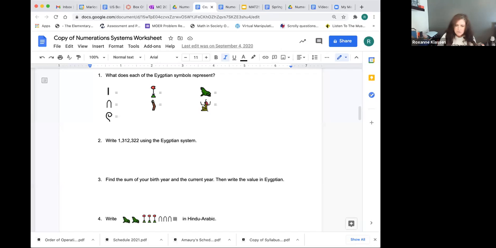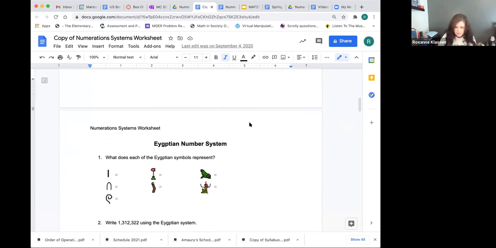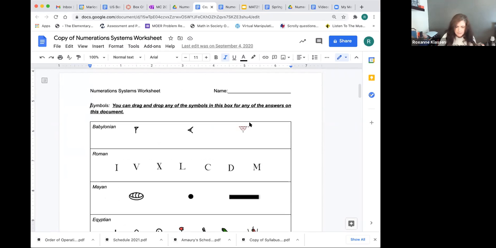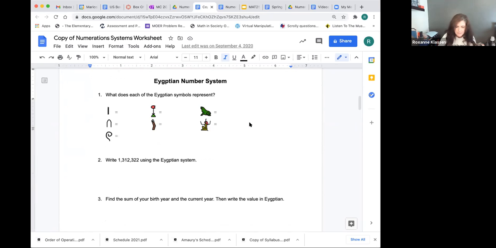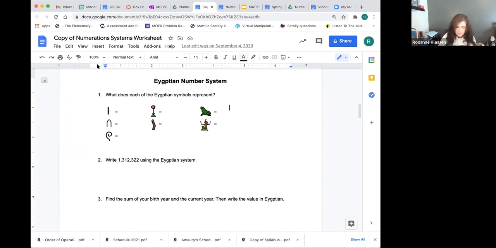Okay, so I'm going to share my copy of my doc. Can you see it? I'm on page, I don't know, 3. Page 2 at the top says, what does each of the symbols represent? On your own copy, you should be able to handwrite in or whatever. I don't know why it's not letting me do anything, but we're good.